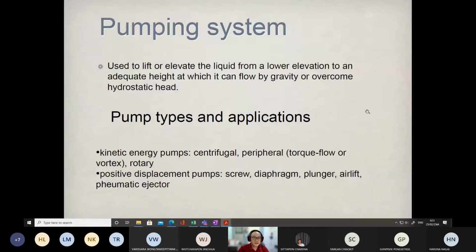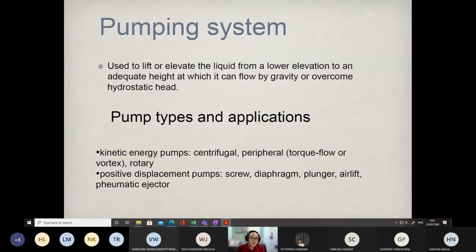treatment plants. Talking about the pumping systems, the pumps themselves we can classify into two major types. One is the kinetic energy pumps, which include the one which is widely used. I'm sure that you also have one at home.